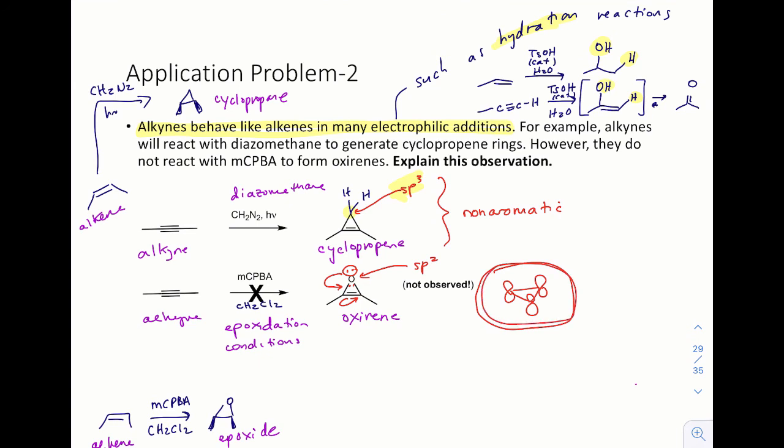Well, that could be good, right? It could be good if there were 4n+2 electrons in this system, but there are 4 pi electrons in this system: 2, 4. Thus, the oxirene would be anti-aromatic. It would be high energy, and that explains why it is not observed. Cool. That was fun. All right, make sure you have that.